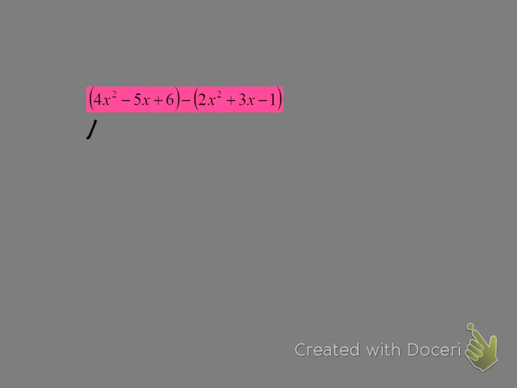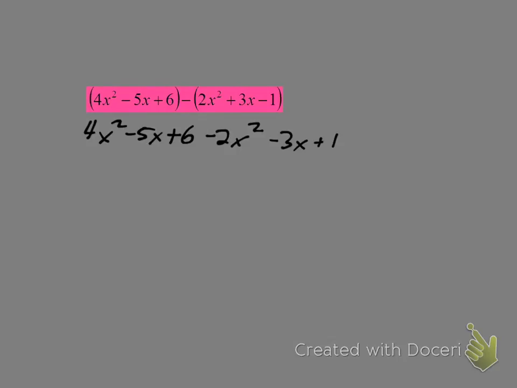So 4x squared minus just the 1. Right? Because we're taking that guy, and then from it we're going to subtract all of these. So minus 2x squared minus 3x, and then minus the negative 1 becomes plus 1. Okay, so just change the signs in the second set.